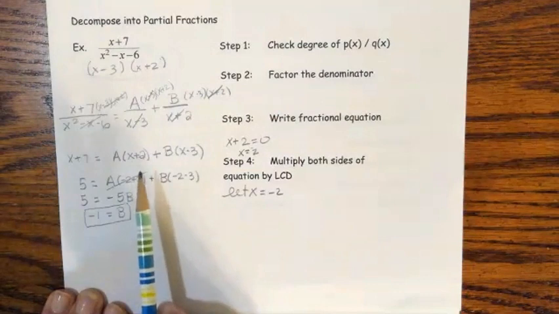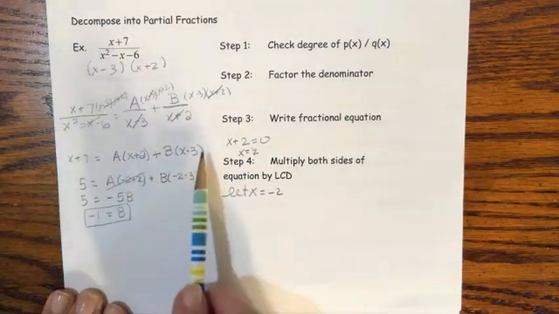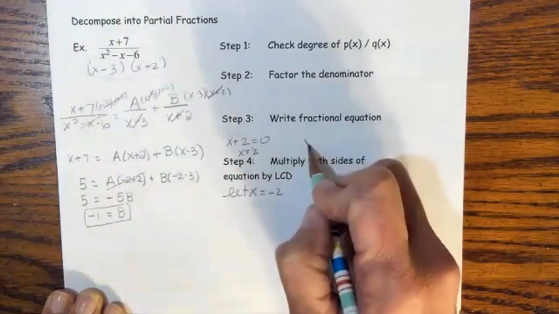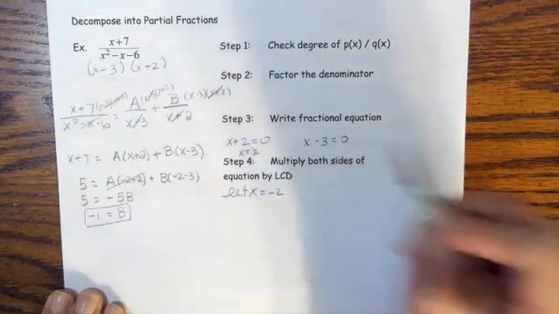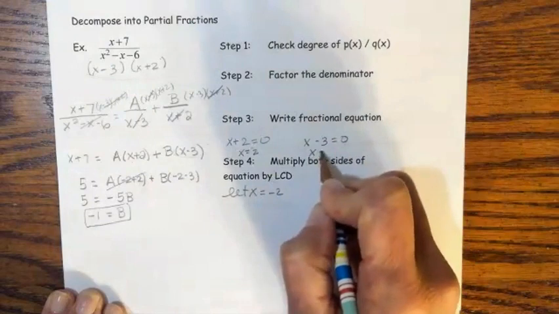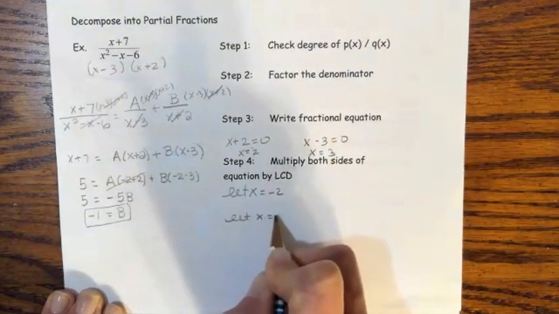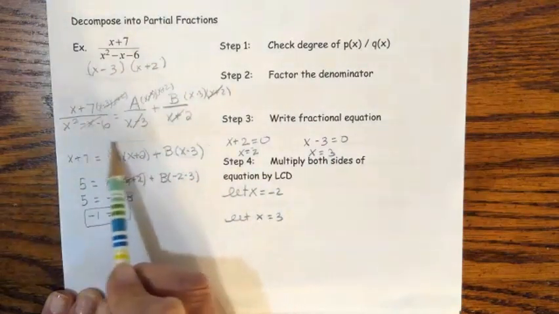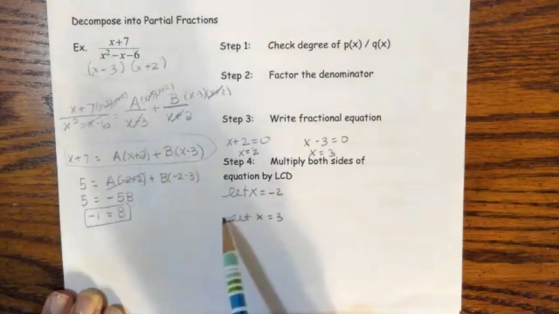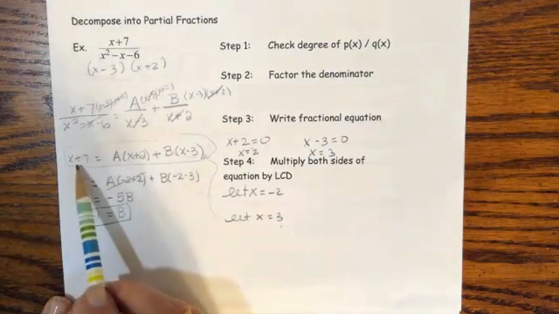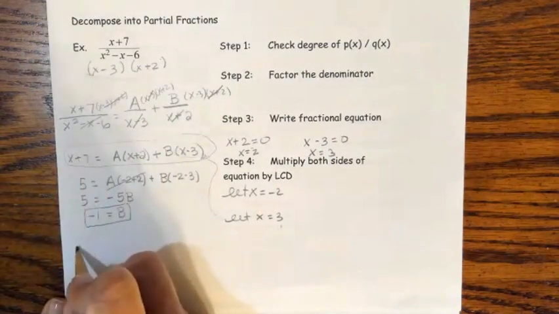Now, to find the value of A, I look at this factor that's associated with the B. And if I take x minus 3 and let it equal 0 and solve for x, I get x equals 3. So now I'm going to let x be 3 back into this equation. So I have 3 plus 7 is 10.